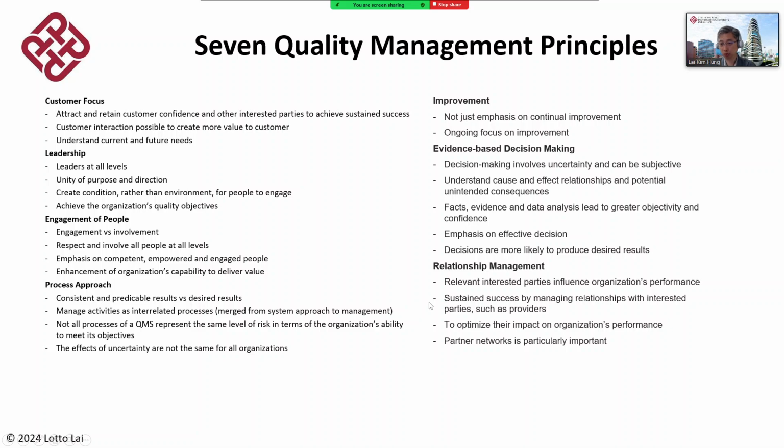Relationship management: usually we talk about supply chain relationships, managing your interested parties and service providers, to optimize their impact on the organization's performance. And some talk about partnership, which is particularly important.